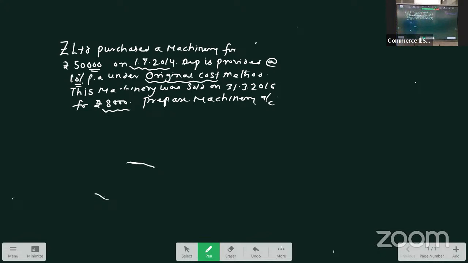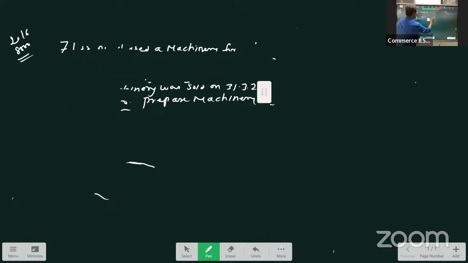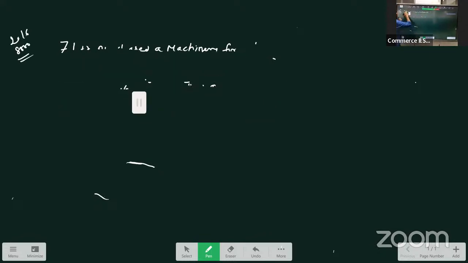So it was purchased for 50,000 and it is sold on 31st December 2016 for 8,000. Okay, and it was purchased on 1st July. Whenever any asset is purchased in the middle of the year, not on 1st of April, but on, let us say, 1st of July or 1st of October, in the first year, depreciation is to be calculated from the date of purchase.